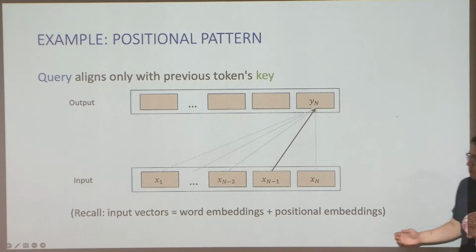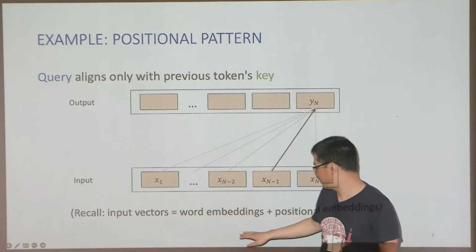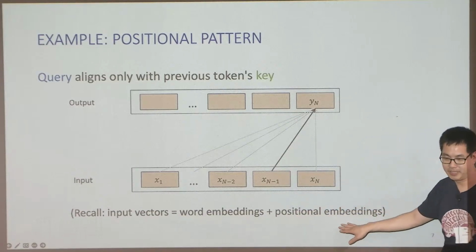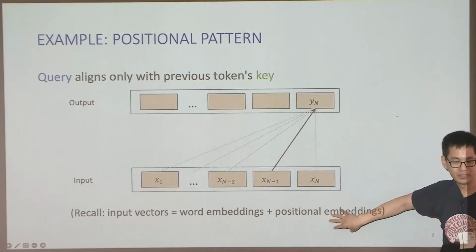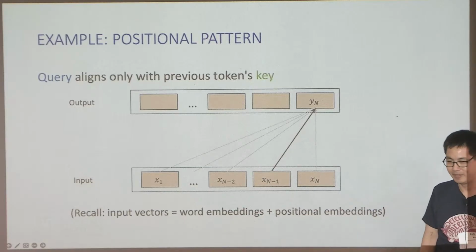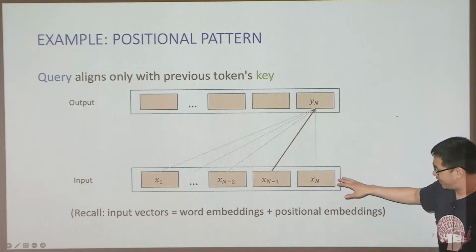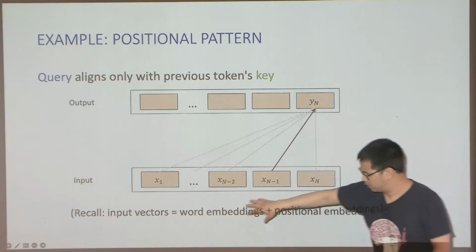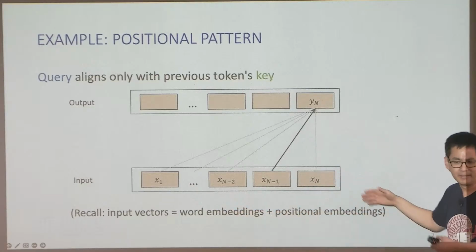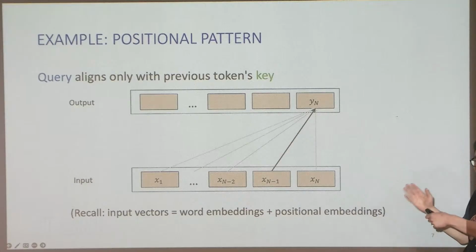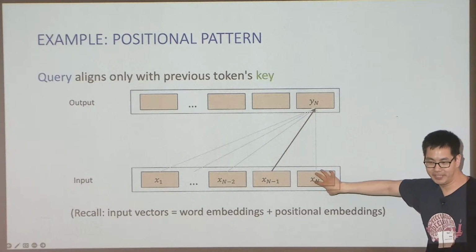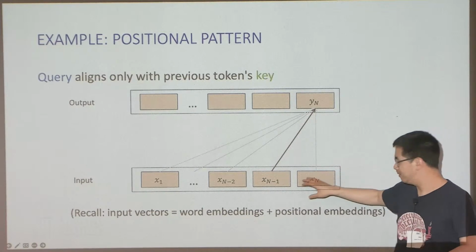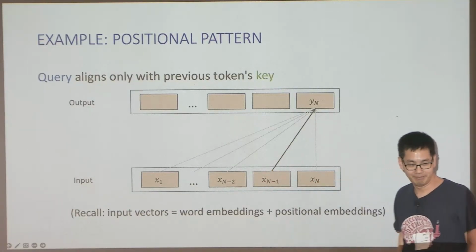Remember, the input vectors are a combination of both the word embeddings and the positional embeddings. So one part stores semantics about the words, and the other part stores where in the sentence the word appears. In this case, perhaps you basically ignore the word embeddings and only look at the relative or absolute positions of the words in the sequence, and maybe the query vector for the nth position, whatever word happens to be there, will align well with just the key for the n-1 position.